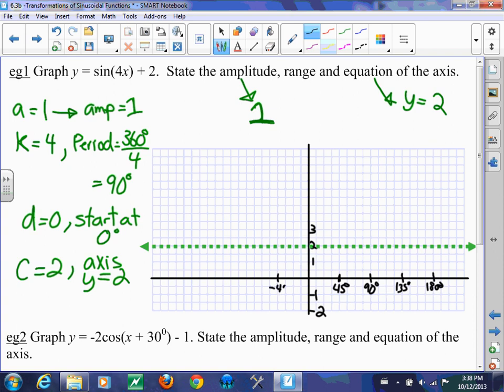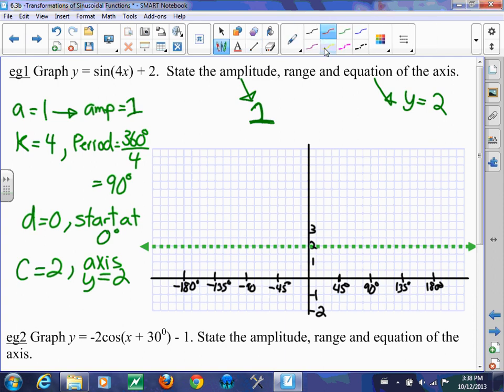So -45. 1, 2, 3, 4, -90. 1, 2, 3, 4, -135. And 1, 2, 3, 4, -180. So once you've set your scale on, your scale is going to depend on what your period is. I decided to set that up because I need to get one rotation of my sine curve in the 90 degrees.